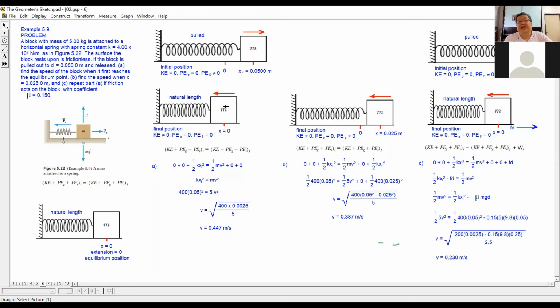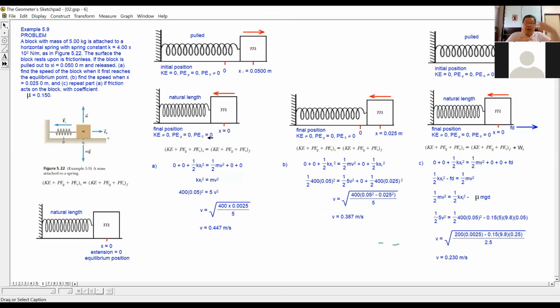It is neither stretched nor compressed, so there is no potential energy. At other positions, when the spring is either compressed or stretched, there will be potential energy. Only at the equilibrium position, the potential energy is 0.